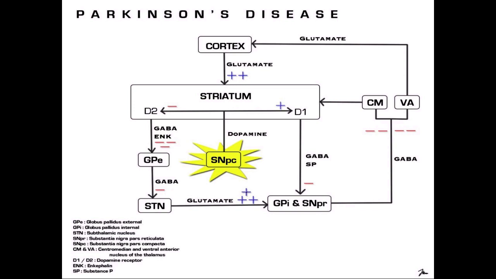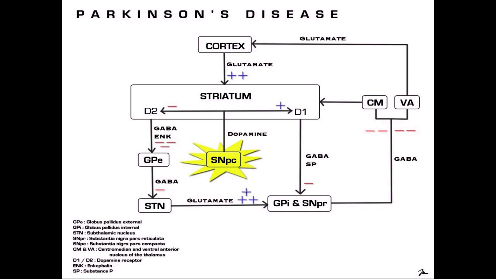The same thing happens if we go through the indirect route. Again, we have less dopamine being produced, so now we inhibit the D2 receptor less. If you inhibit this less, it's going to put out more GABA, which is going to inhibit the external segment more. So it's going to put out less GABA, and so now we inhibit the subthalamic nucleus less.